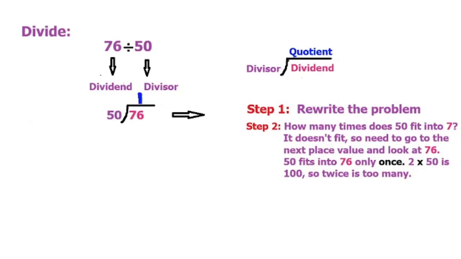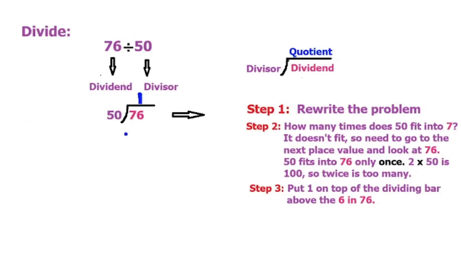So the next thing to do is put the 1 on top of the dividing bar above the 6 in 76. So we did that. We put it on top of here because we're dividing this whole number, not just the 7. Okay? So now the next thing is multiply 50 by 1. So 50 times 1 is 50, and we put 50 here.